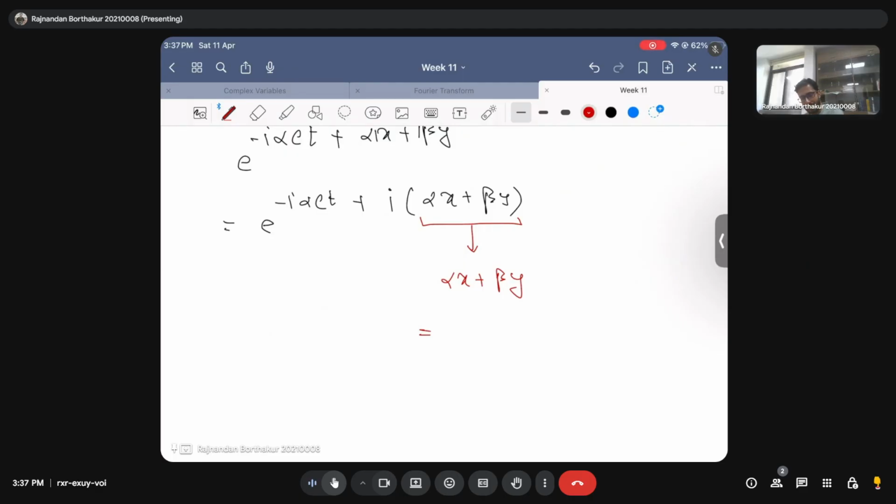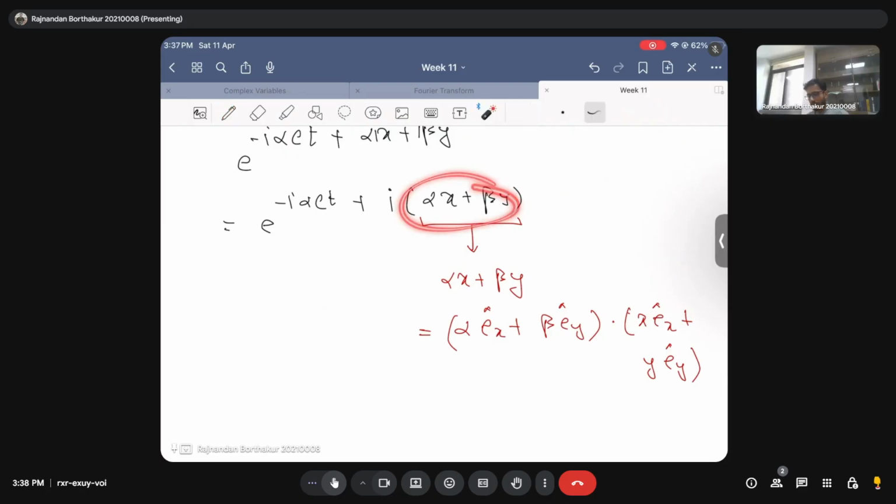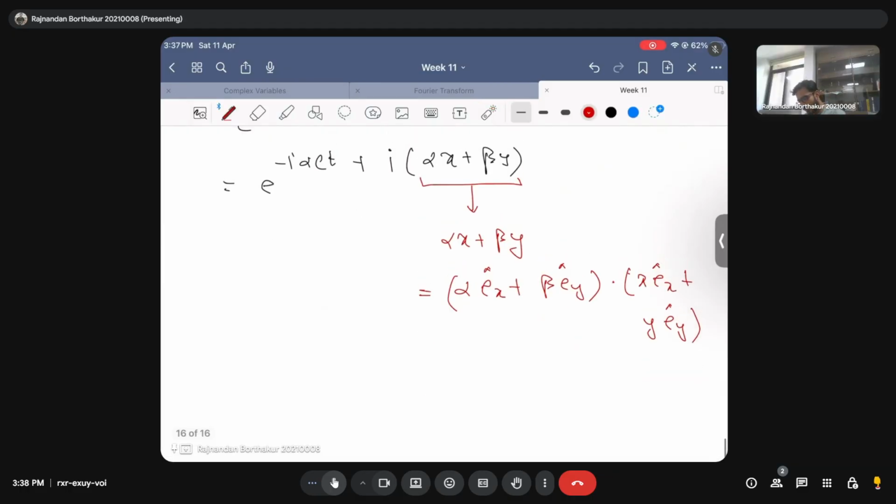I can write this term as alpha e_x hat plus beta e_y hat, and then I'm doing a dot product with a position vector which is x e_x plus y e_y. That precisely is the term we write in this parenthesis. Then I can write this as some vector, we'll call it lambda, dot, let's say, x vector. This vector lambda is known as a wave number vector.